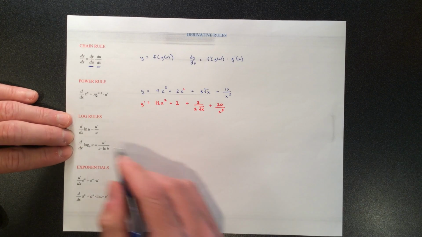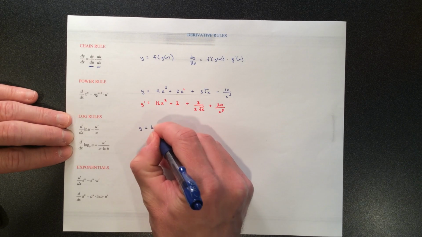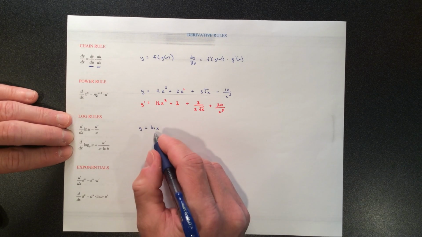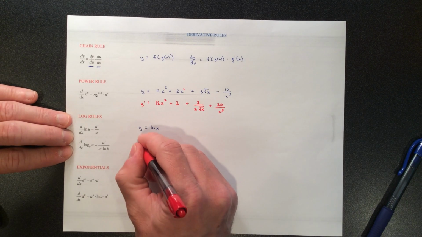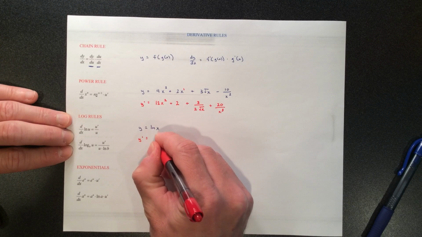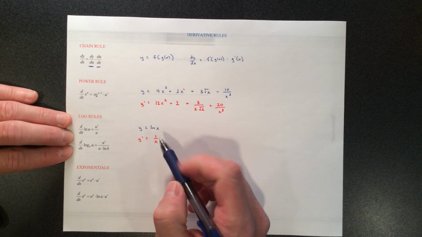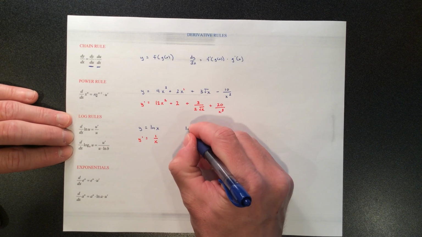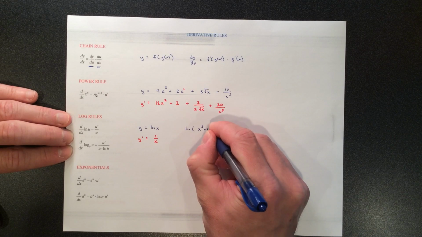Okay, so what if we have a logarithm? What is the derivative of the natural log of x? Well, the derivative of the natural log of x, y prime, is just going to be 1 over x. But how often do we just have the derivative of that? Sometimes it's going to be the natural log of, let's say, x squared plus 1.